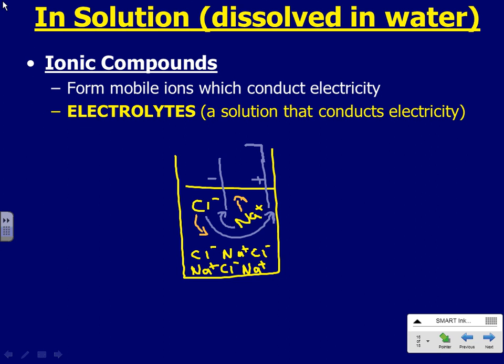And if I have a power supply and a nice light bulb on there, then that light bulb is going to light up and I have an electrolyte. All right? The ions become mobile.